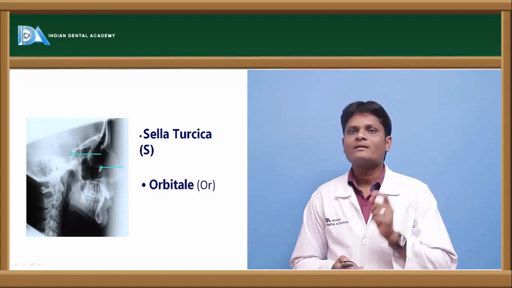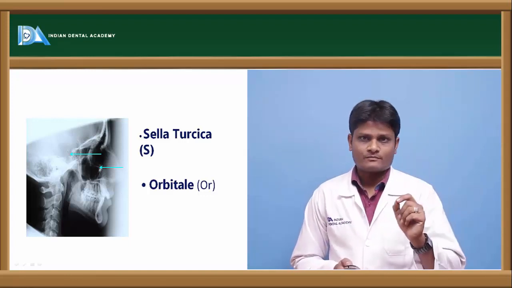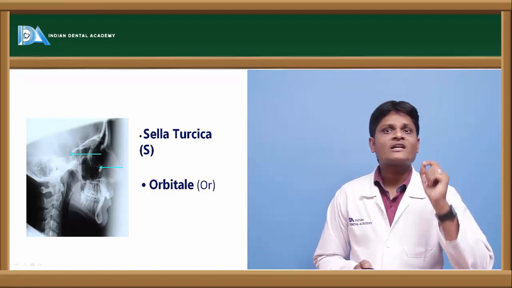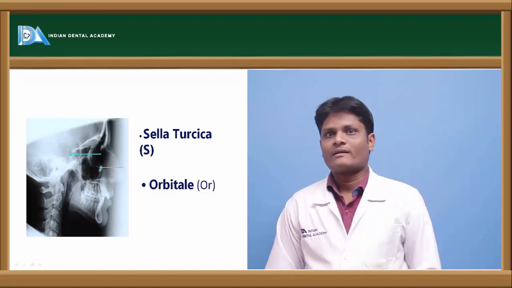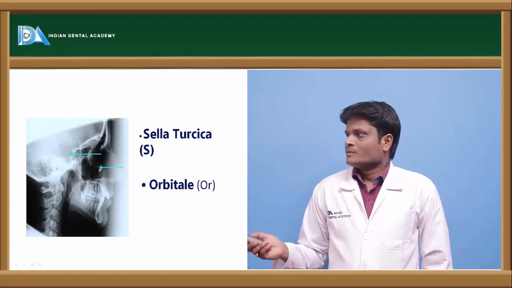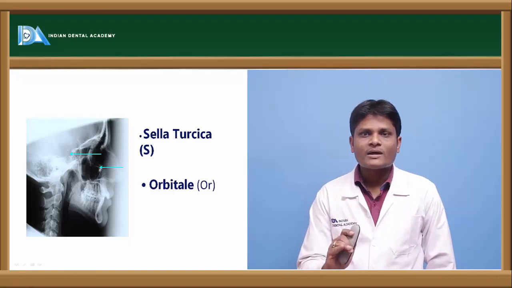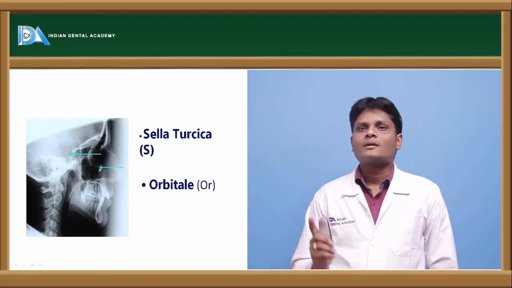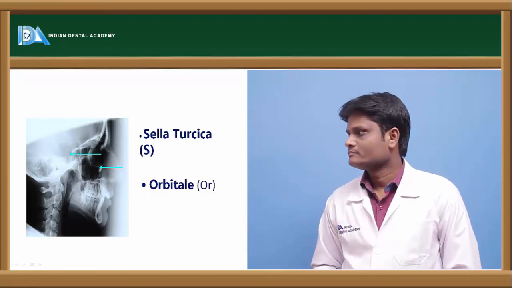Orbital is nothing but the inferiormost point on the infraorbital ring or inferior margin of the bony orbit. This is called orbital. So, sella turcica is a midline structure, a unilateral landmark, whereas orbital is a bilateral landmark as it is present on either side of the midline.